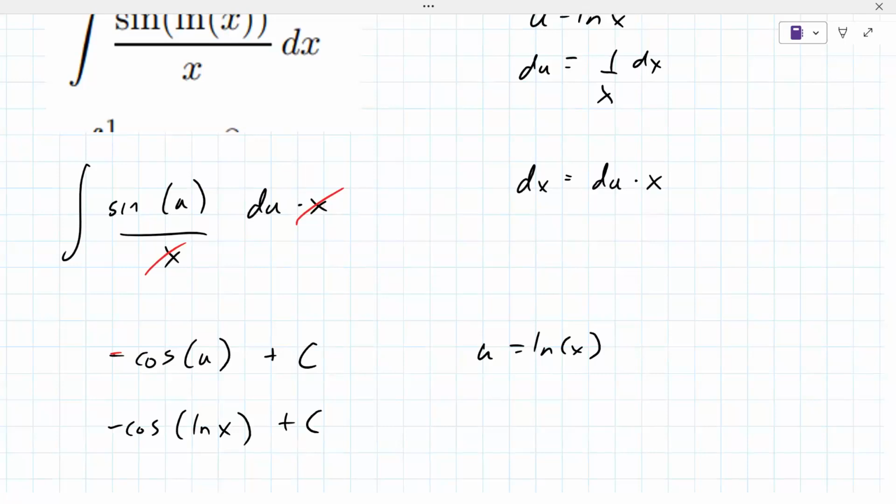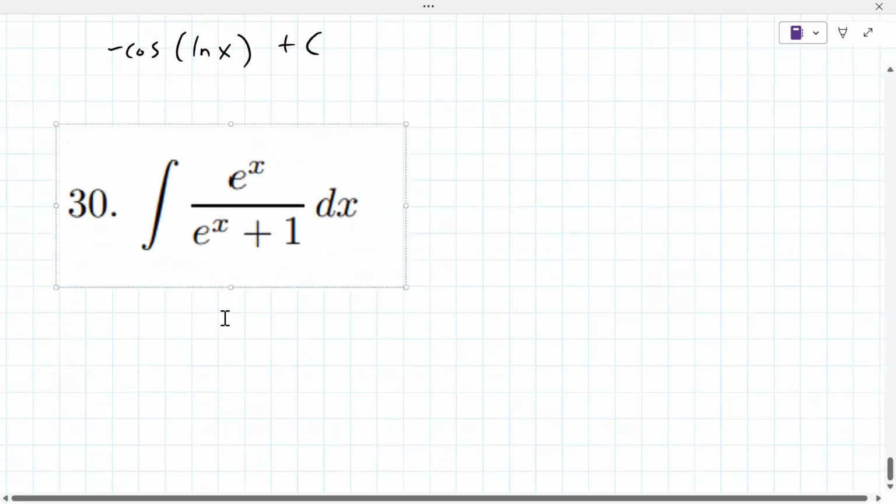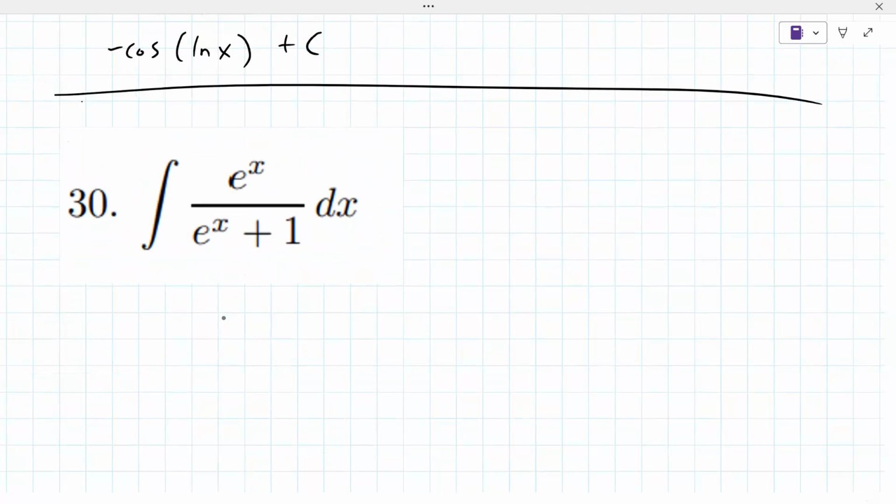I don't know how many antiderivative rules you learned, but here's another one to look at. It's another u substitution. Since there's no parentheses or anything for this one, how do I know which one?